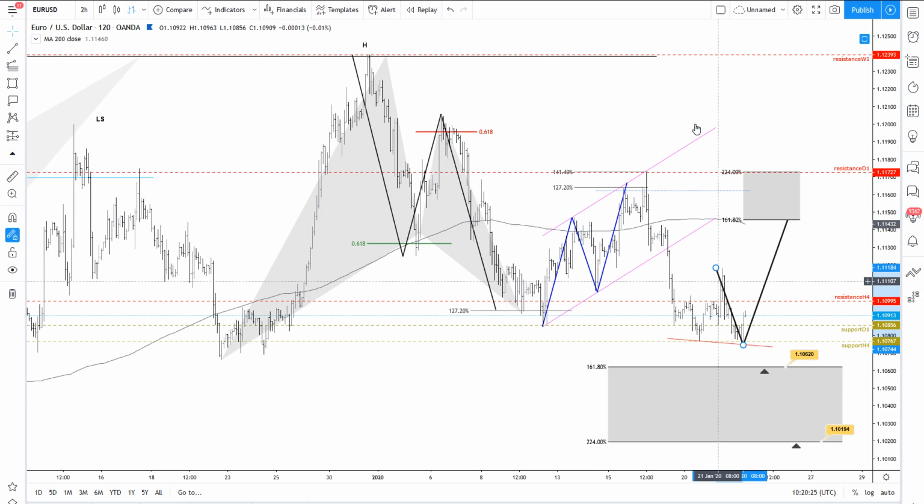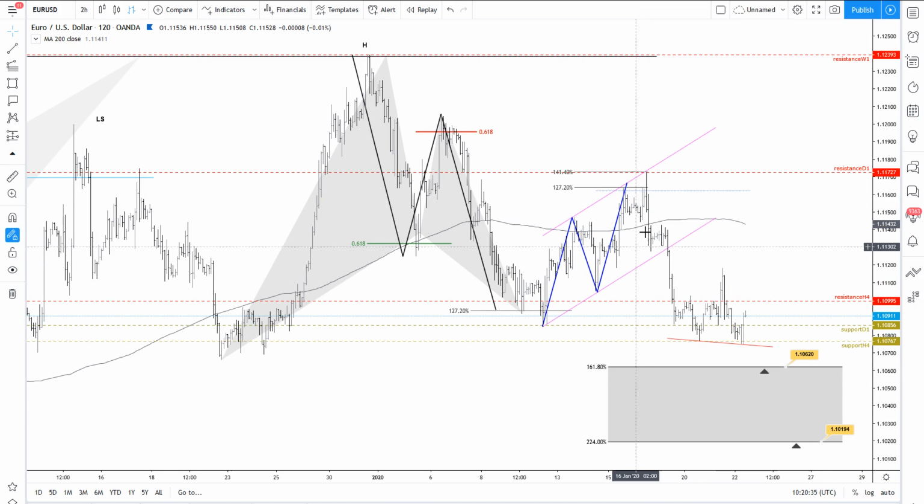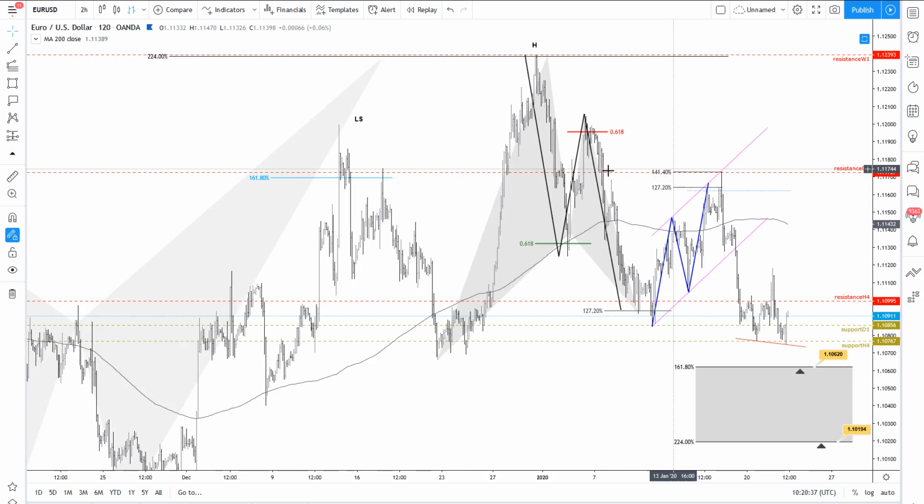Nothing specific here. There's no event to trade, unless you are considering this major or higher time frame head and shoulders, which can eventually trigger below the most recent lows.